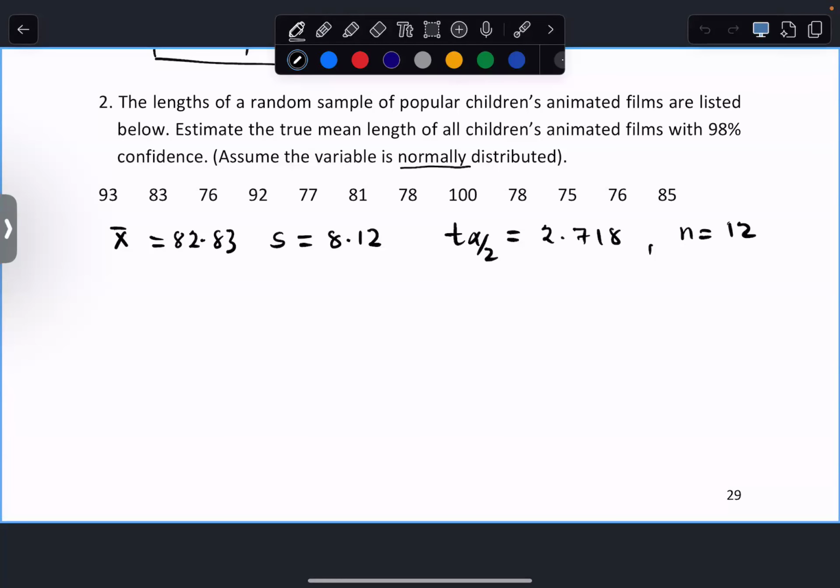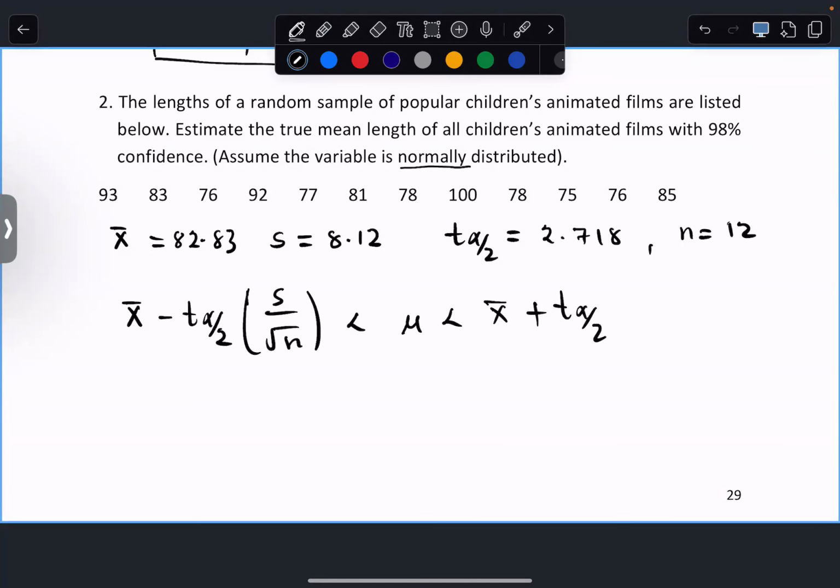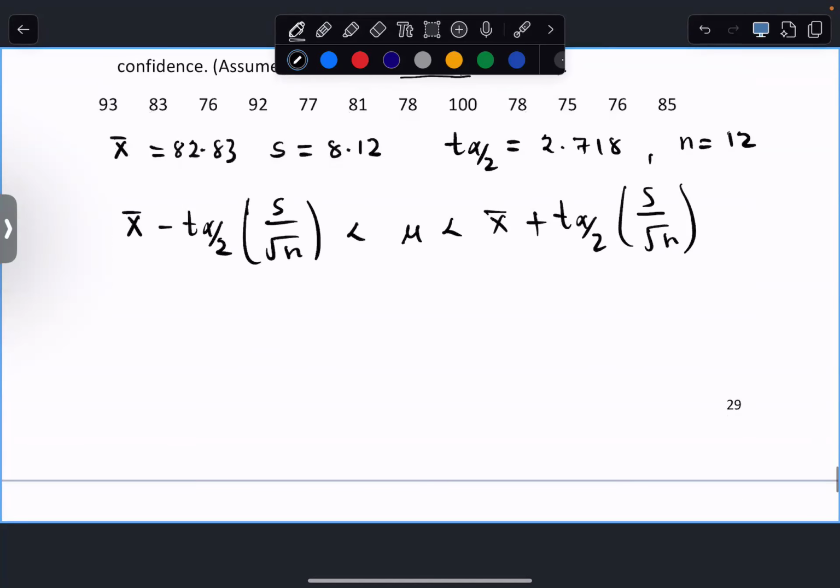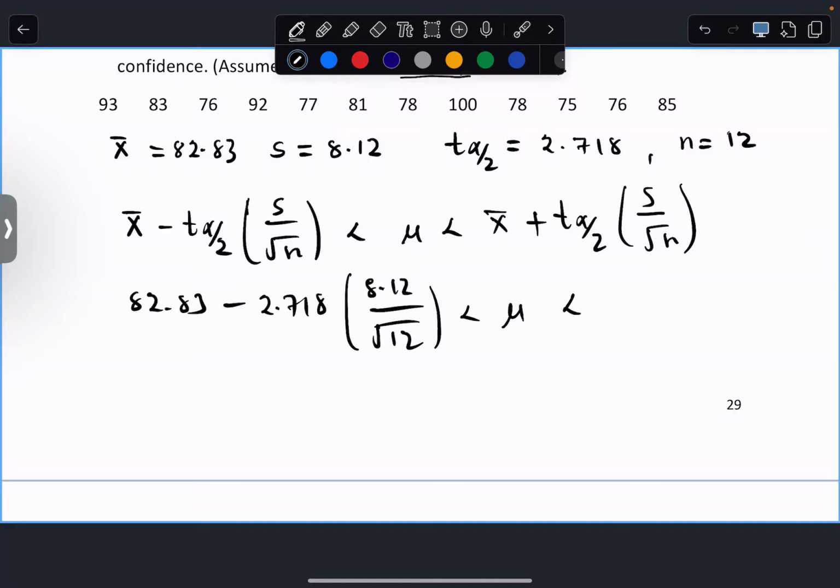If that makes sense, then we have everything we need. We put into our formula, which is X bar minus T alpha on 2 into brackets S divided by square root of N, less than mu, less than X bar plus T alpha on 2 S divided by square root of N. So we replace: 82.83 minus 2.718 into brackets 8.12 divided by square root of 12, less than mu, less than 82.83 plus 2.718 into 8.12 divided by square root of 12.